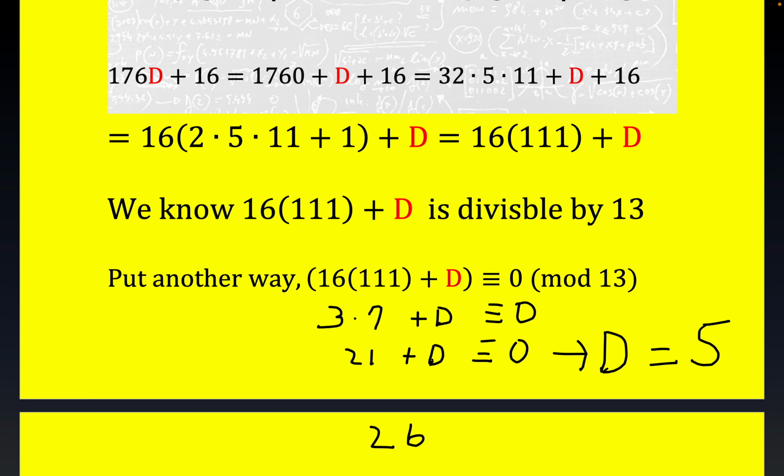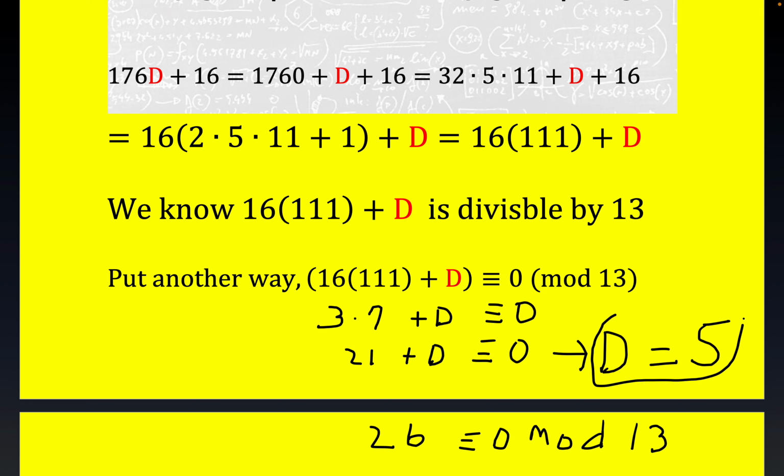There's a lot of D's that would work, so 18 would be, but 18 is not a digit, right? So 5 is the only one that would be a digit, between 0 and 9 inclusive. So 26 is congruent to 0 mod 13. And D equals 5 is the answer, ladies and gentlemen.